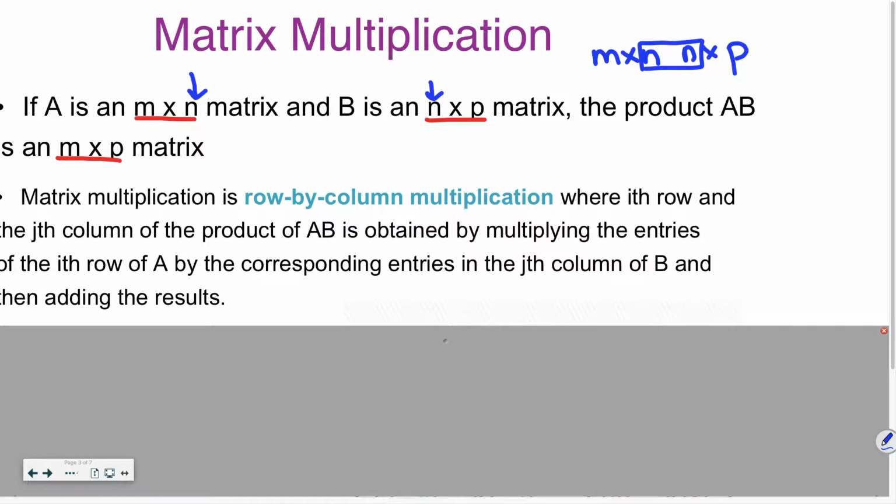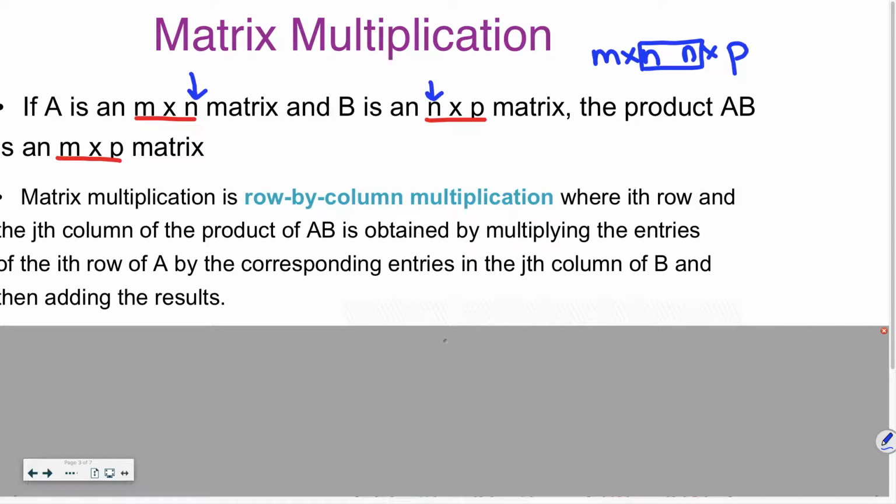Matrix multiplication is row by column multiplication, where the ith row and the jth column of the product of AB is obtained by multiplying the entries of the ith row in A and the jth column in B and adding the results.